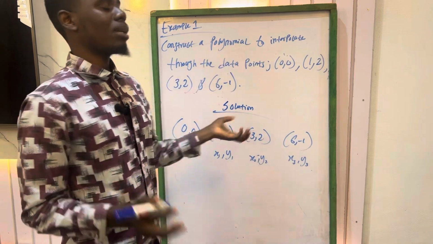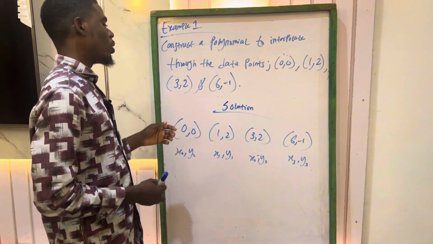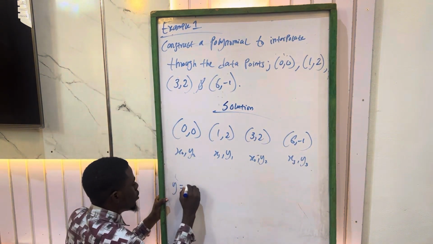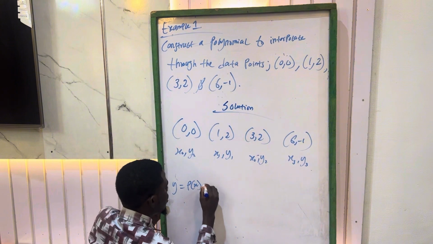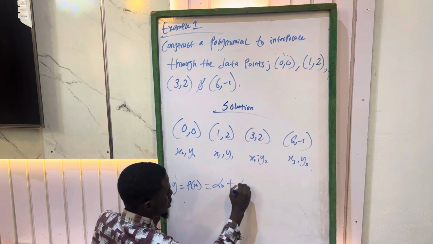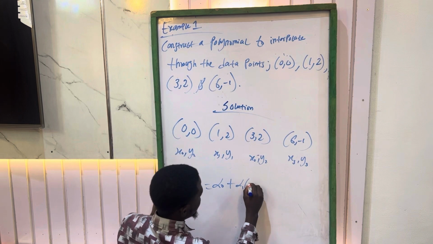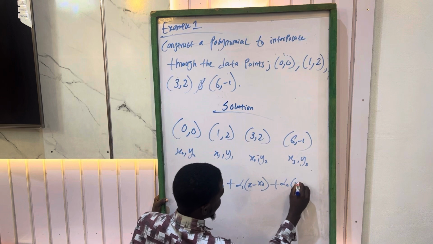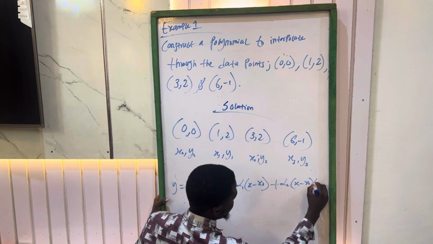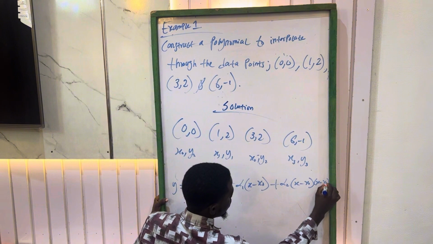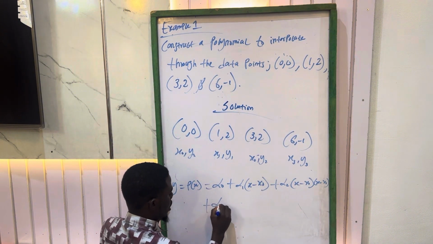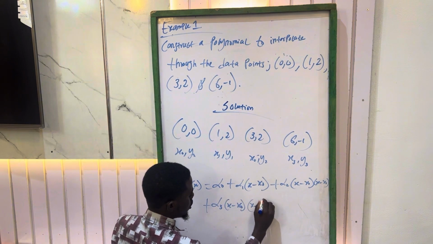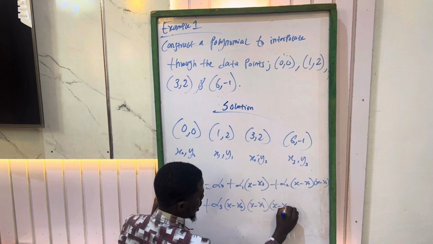So now what we're going to do next is just to follow what we've been learning so far, which is the Newton divided difference approach. The formula is y, which is equal to p of x, equals alpha naught plus alpha 1 into bracket x minus x naught, plus alpha 2 into bracket x minus x naught multiplied by x minus x1, plus alpha 3 into bracket x minus x naught multiplied by x minus x1 multiplied also by x minus x2.